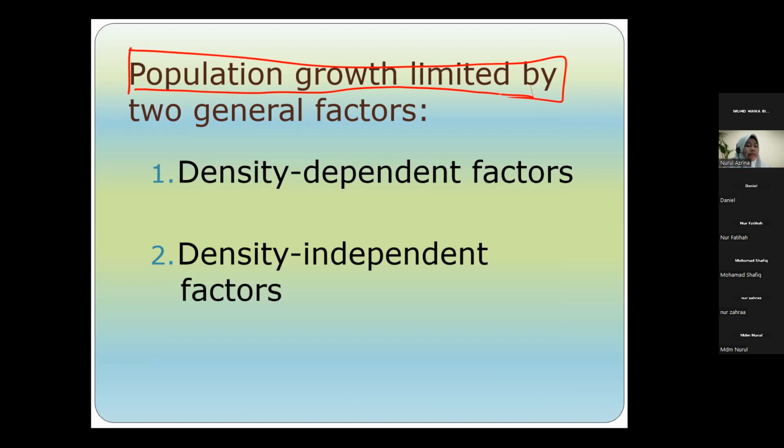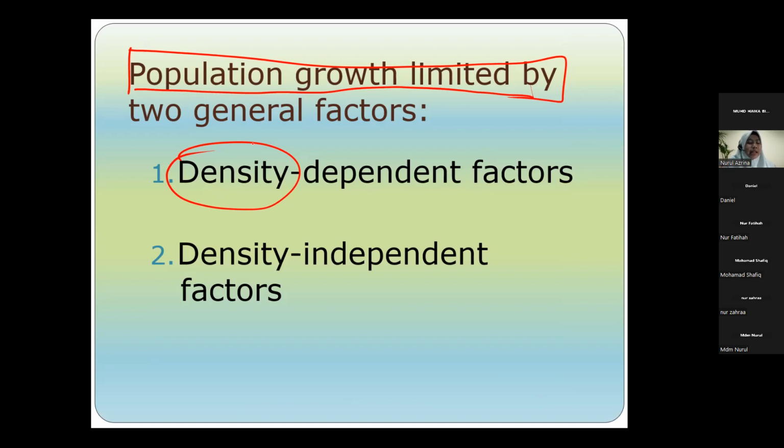Okay, density dependent factors are those factors that depend on density ataupun kepadatan. Makna kalau population tu sangat-sangat padat, these factors will contribute to the limitation of the population size.